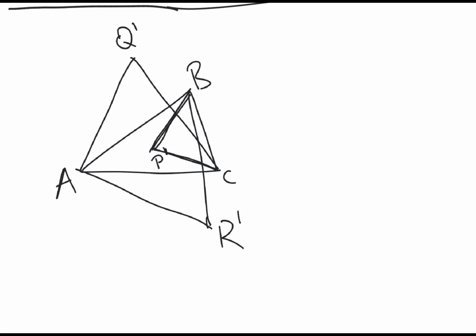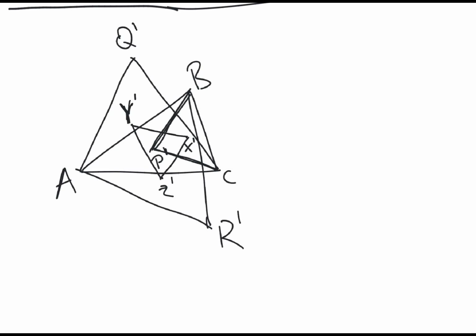And so we consider the centers of these triangles, which are the points X prime, Y prime, and Z prime. And we need to prove that this triangle X prime, Y prime, Z prime is equilateral.